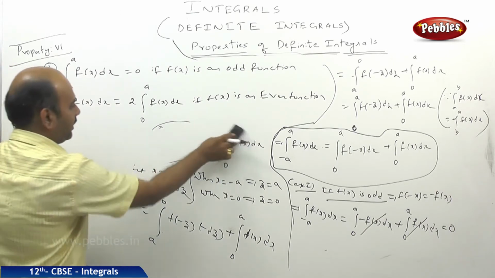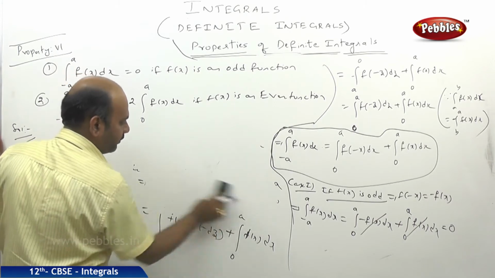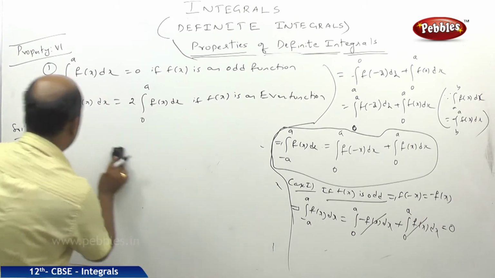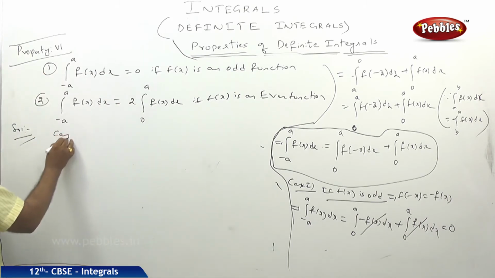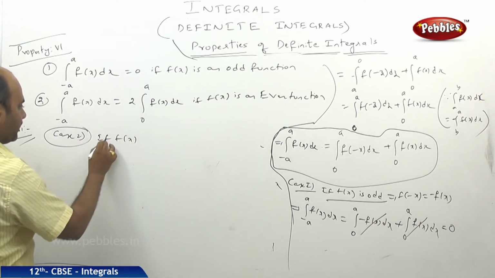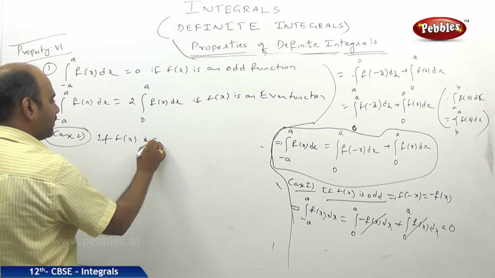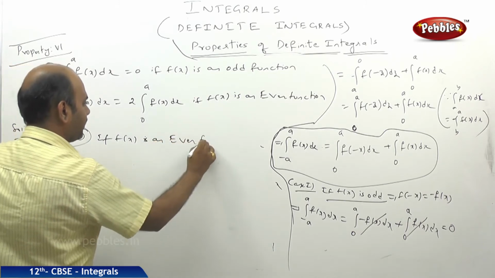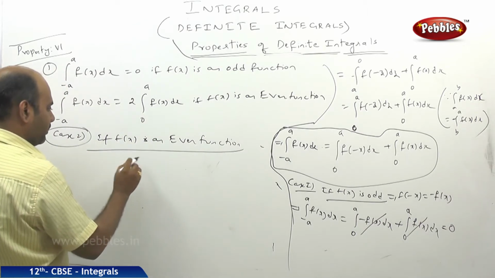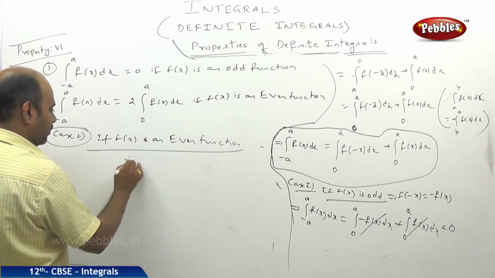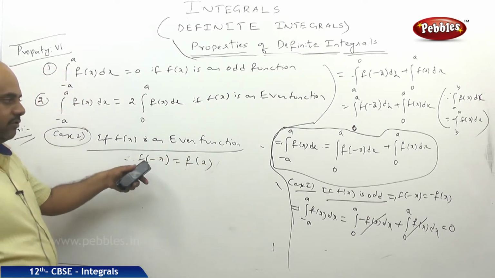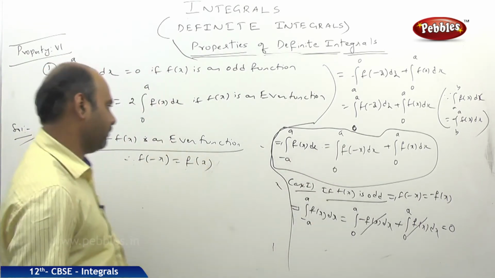Now we shall go for case 2. Observe carefully, everyone. I think everyone has copied so far. Case 2: if f of x is an even function, what is the meaning? Therefore f of minus x is equal to f of x. That means wherever f of minus x comes, I will put f of x.